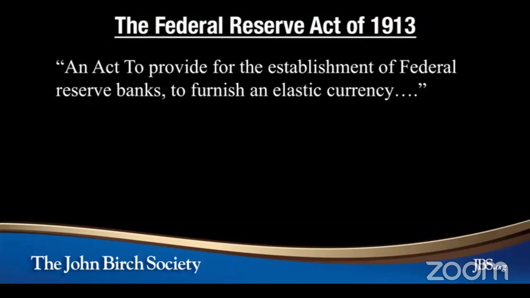The purpose of establishing the Federal Reserve Bank was inflation. To establish an elastic currency where we could expand and retract the supply of money at any time. For that reason, when people talk about reforming the Federal Reserve, I say it's rotten to the core. Its very foundational principle is a power that no person should be entrusted with, the power of inflation.